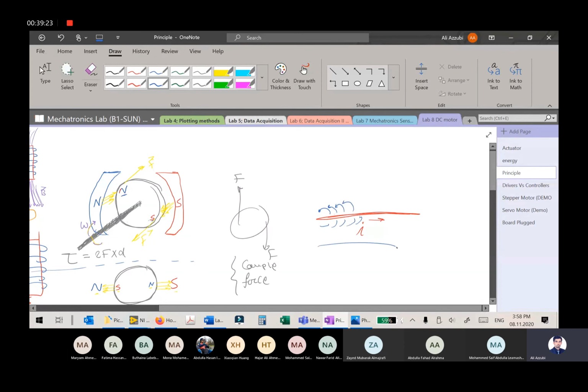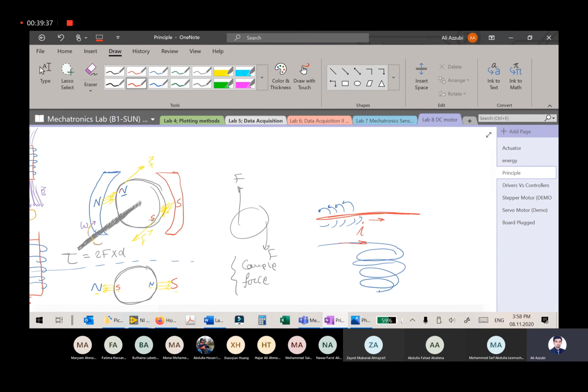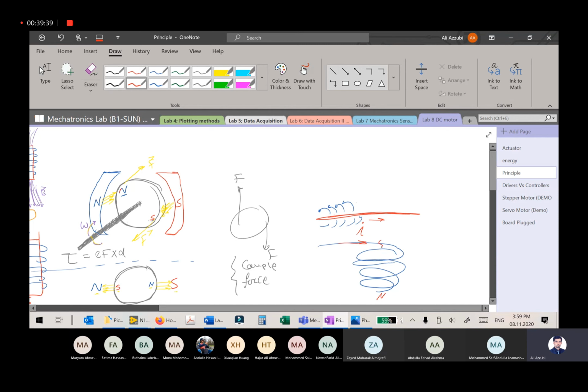Now if you have a ring or you have a coil like this and you imagine the current flowing here, this will make, like this, here my north and this my south. Now this is the physics.